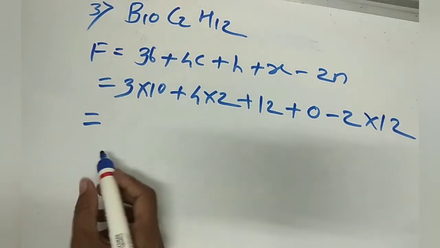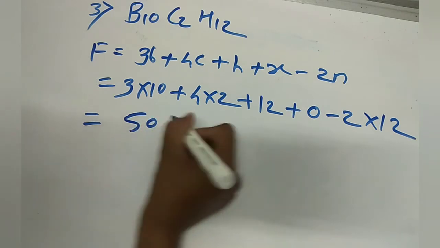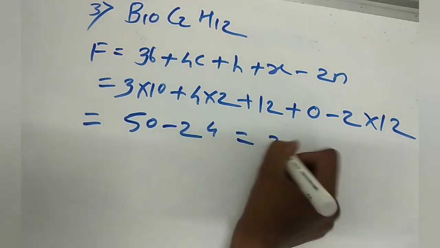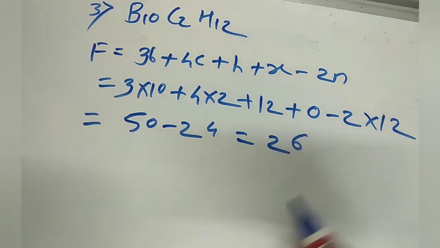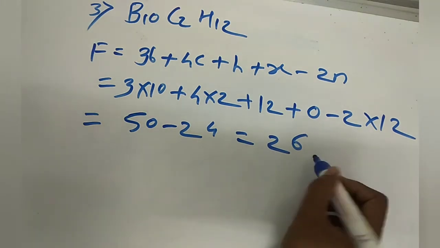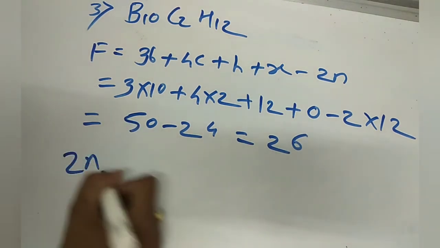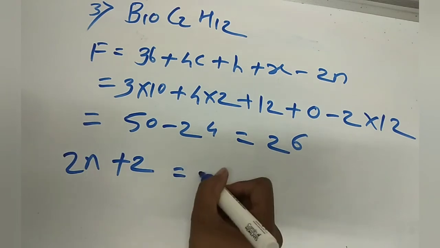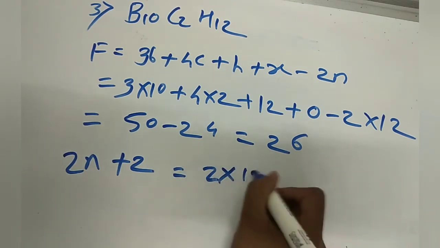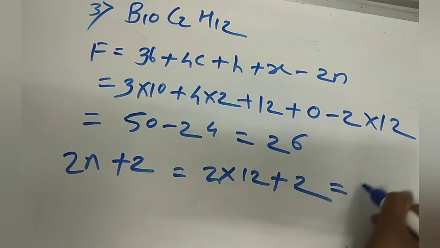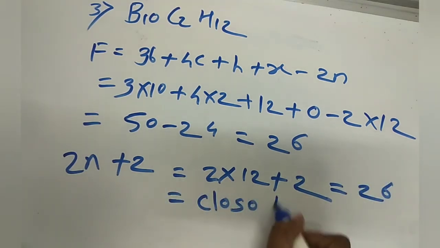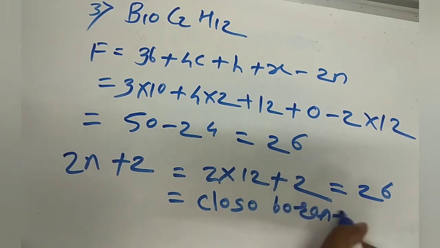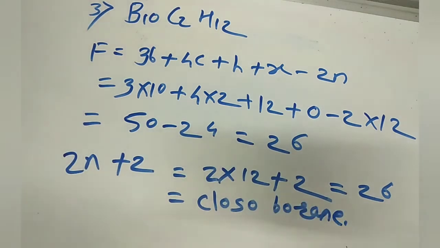After calculating this, we have 50 minus 24, we are getting 26. 12 into 2 means 24. To get 26, we have to add 2. Therefore, we are using the 2n plus 2 rule. Again, we are getting the answer 2 into 12 plus 2, it is 26. Therefore, it is closoborane. So this is example number 3.